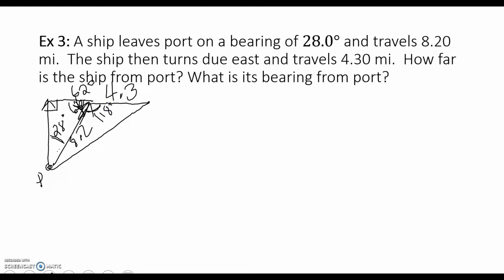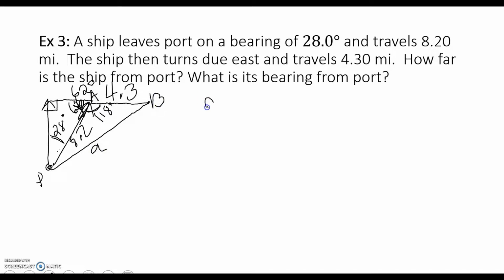So now we have a side, angle, and a side. And remember, whenever you have a side, angle, and a side, you can use the law of cosines. So if I label that P, let's call this point A and this point B, then I want to find little a.